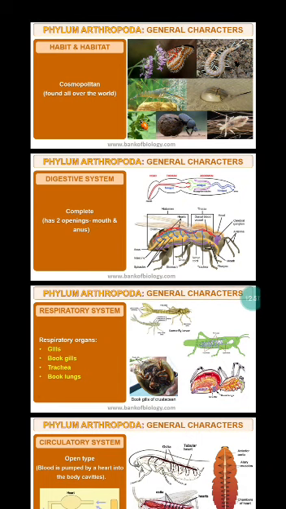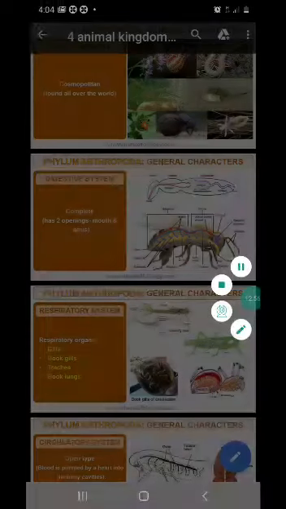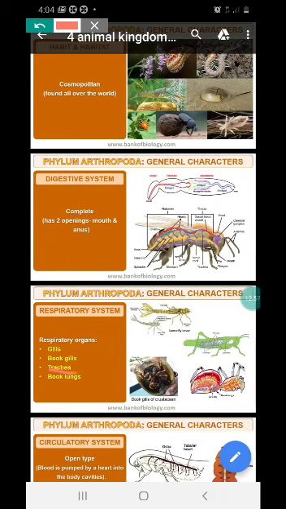Mostly the insects respire with the help of trachea, the tracheal openings, which lead to the tracheal branches or tracheal system inside their bodies, right? Some others have gills and book lungs. These are the different respiratory organs in different kinds of insects. And the circulatory system is again of open type.